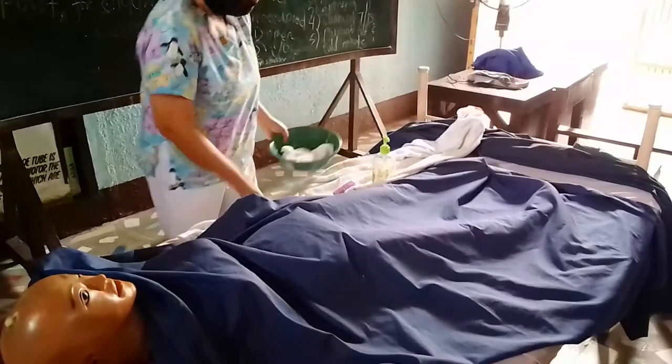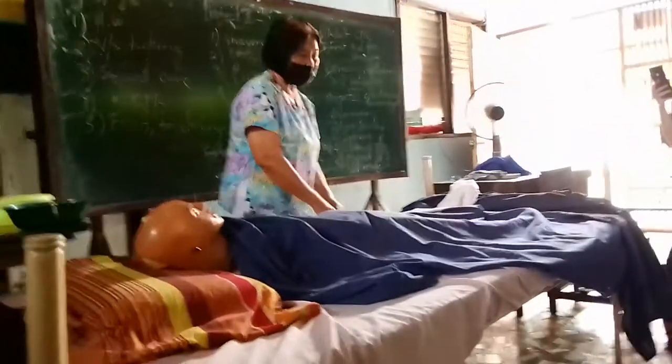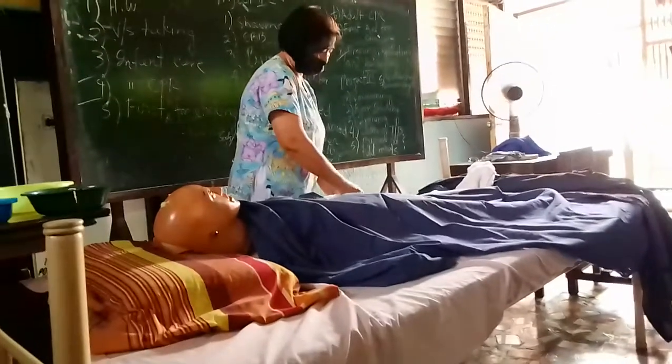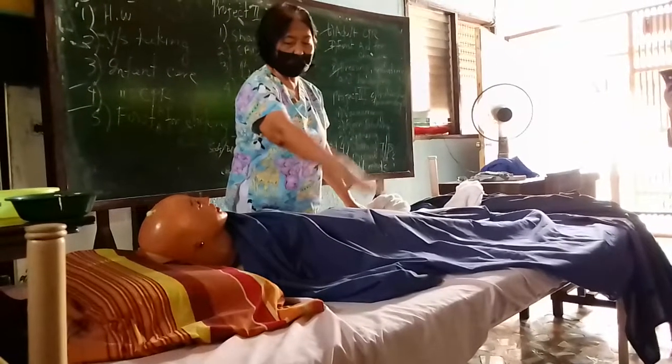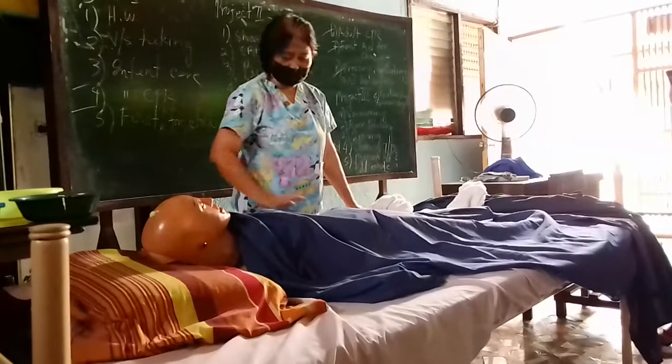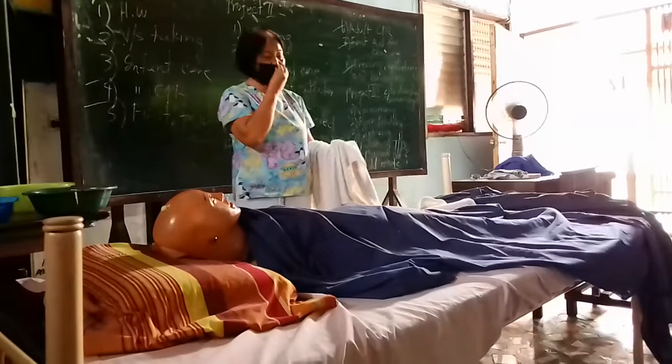And then carry all things back to the table. Dry well in between the fingers. Then cover. Okay? Farthest arm, one hand done. Okay? Now I'm going to proceed to the chest and abdomen.